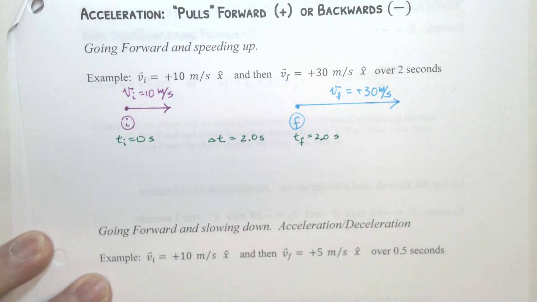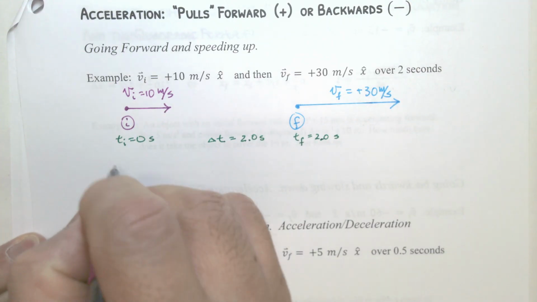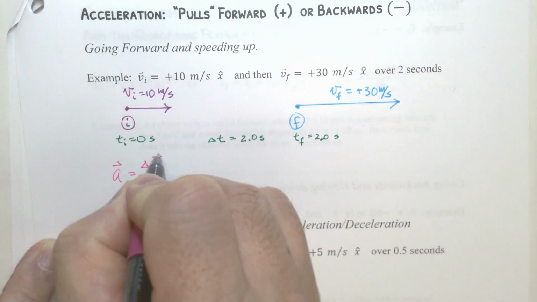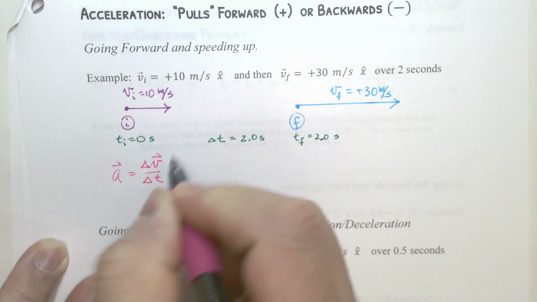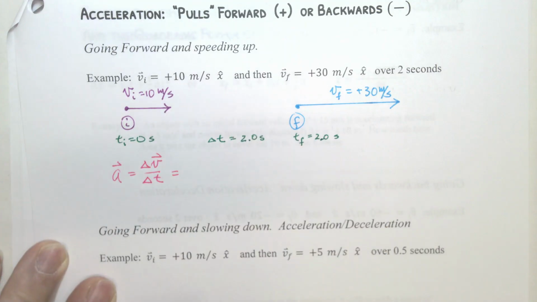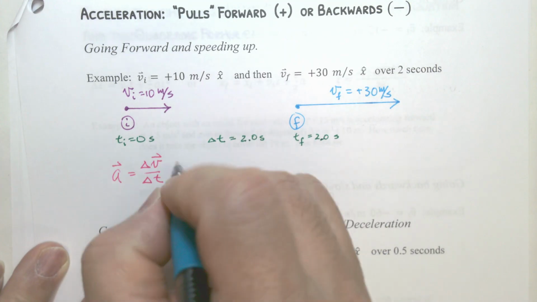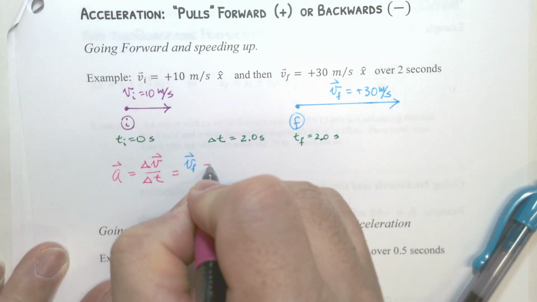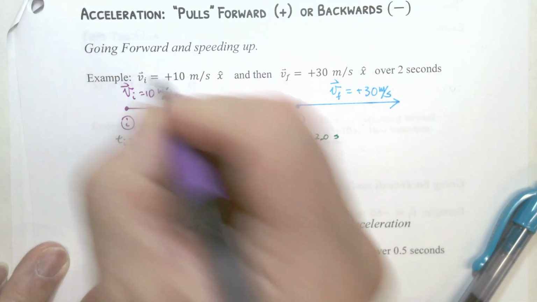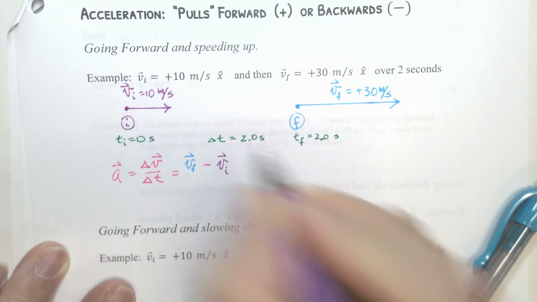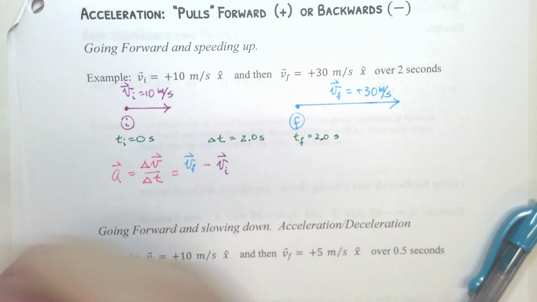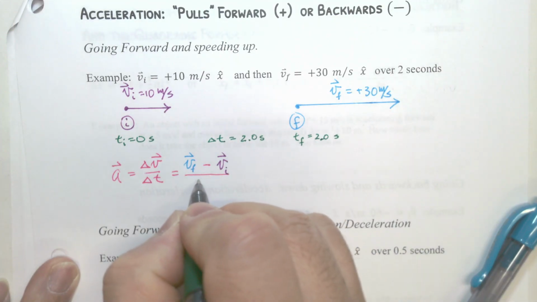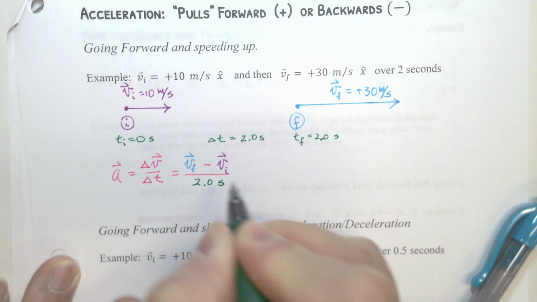Well, acceleration, by definition, is equal to change in v over change in t, okay? And since change in v is simply v f minus v i, whole thing over delta t. We already know delta t is 2.0 seconds, okay?